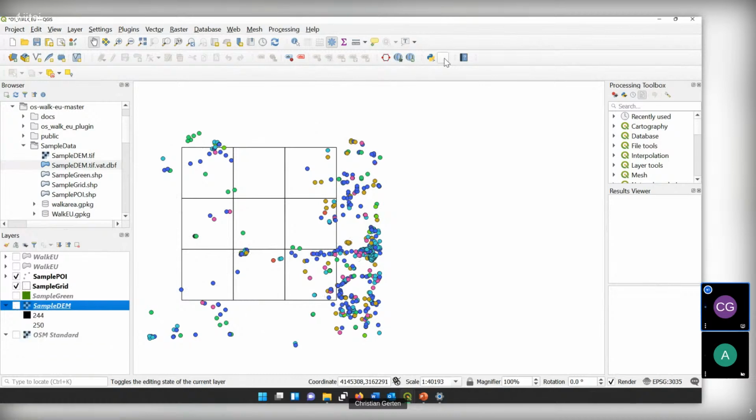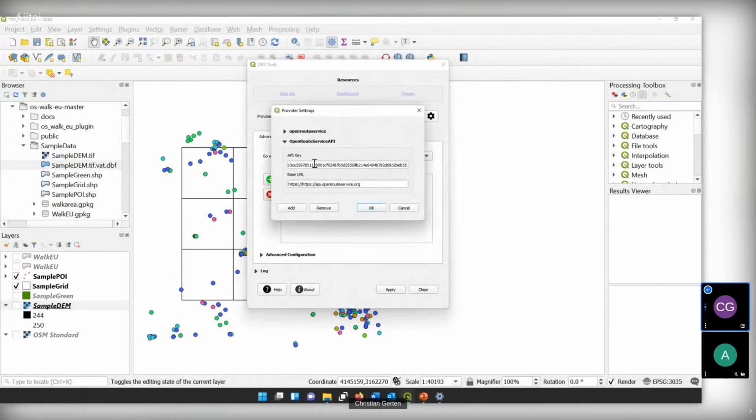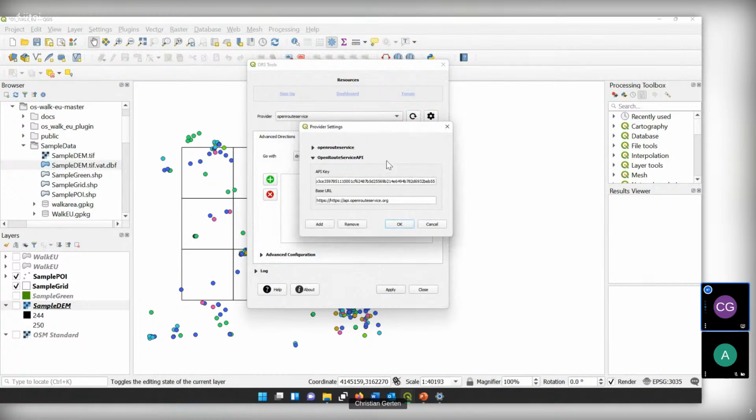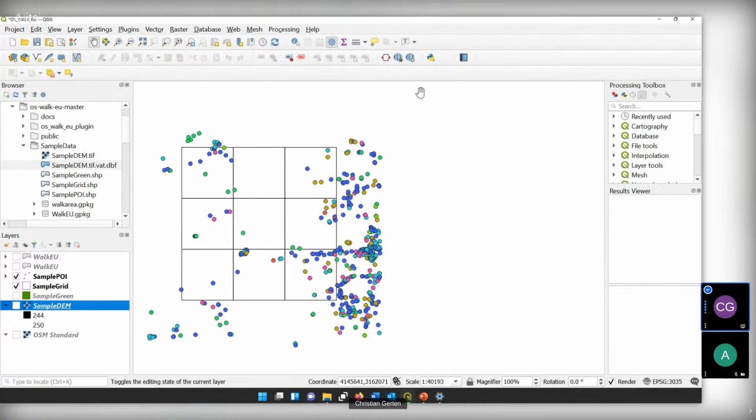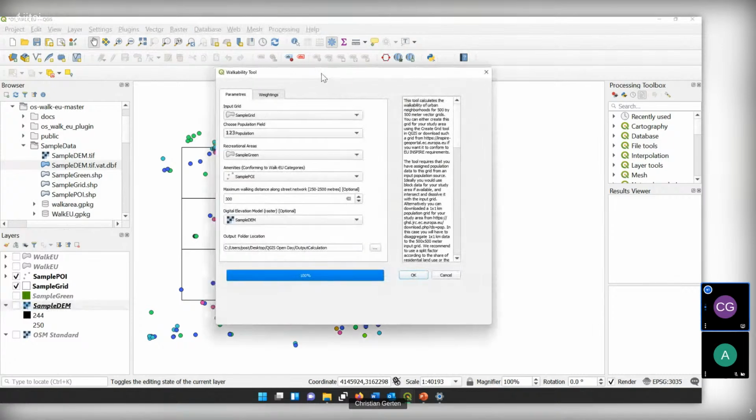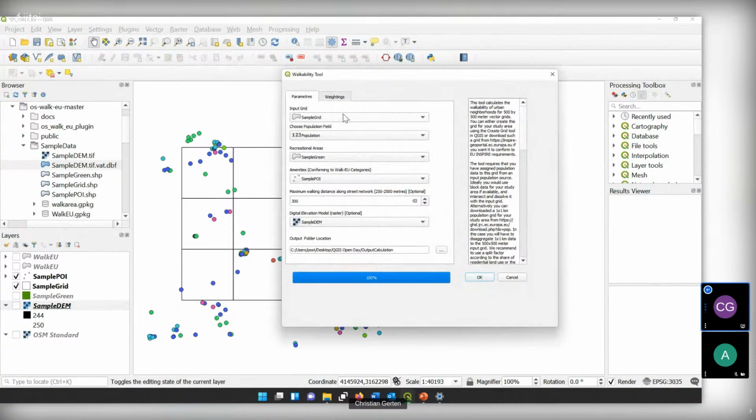Okay, then we could start, or you can also see the classification of the POIs. What is important is that you have OpenRouteService installed and also set an API key for the calculation of the pedestrian distances. That's quite important. It's also part of our wiki, which hopefully we will publish at the end of the year. Currently we have some problems with our icon, but here you can start the Walkability plugin.